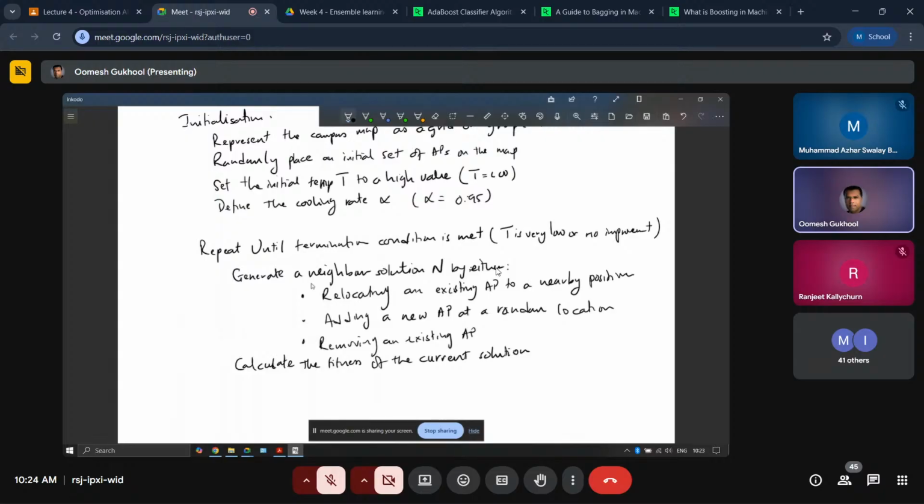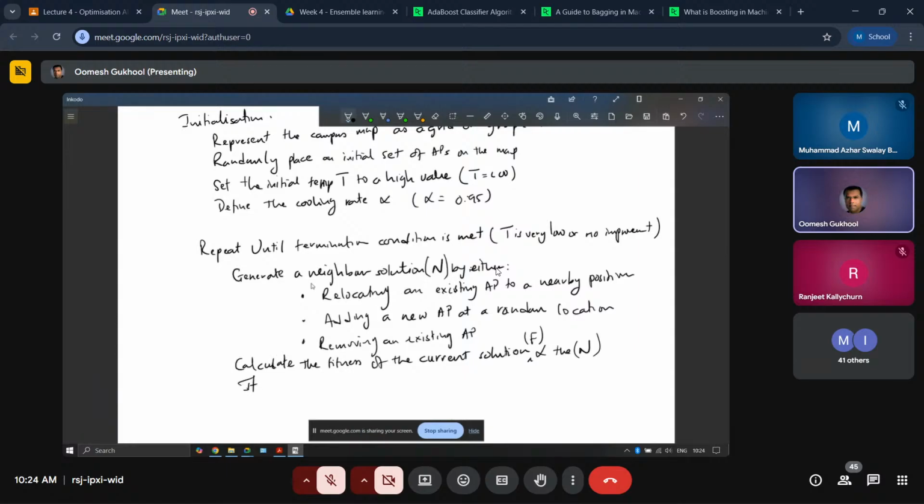And also the neighbor solution N. Let me just call the fitness of the current solution F, and the neighbor solution N.